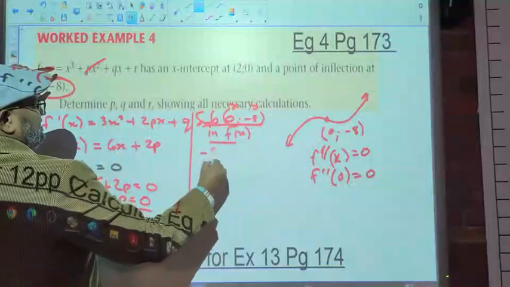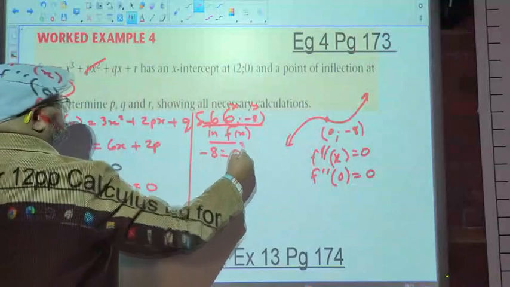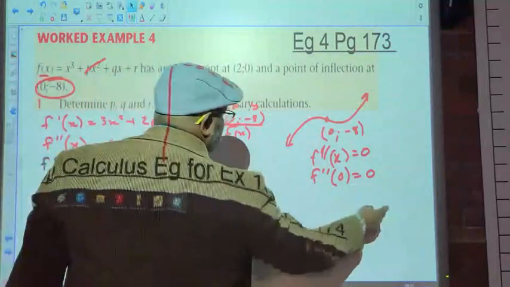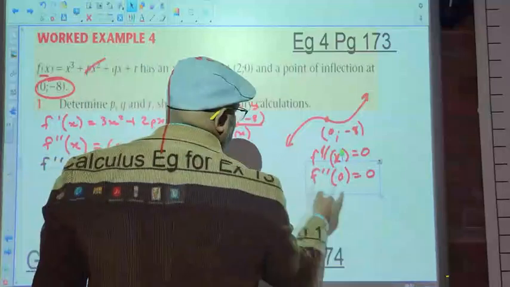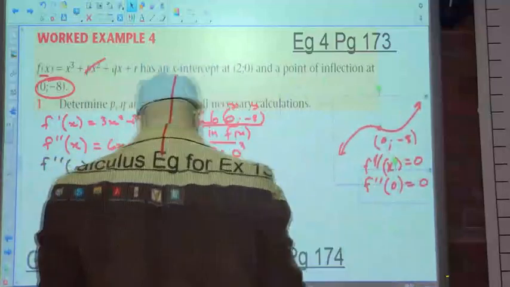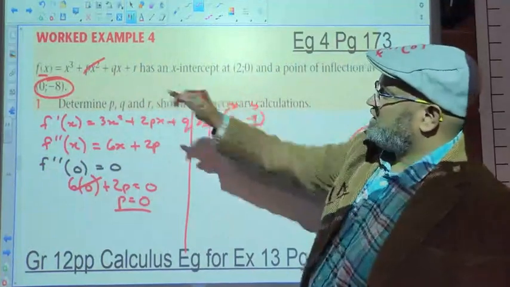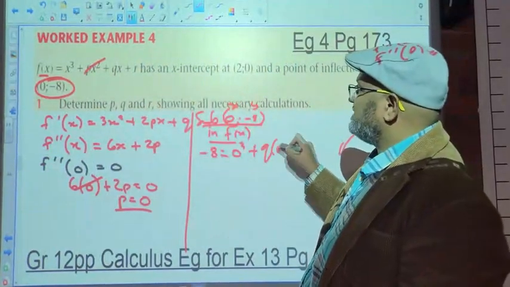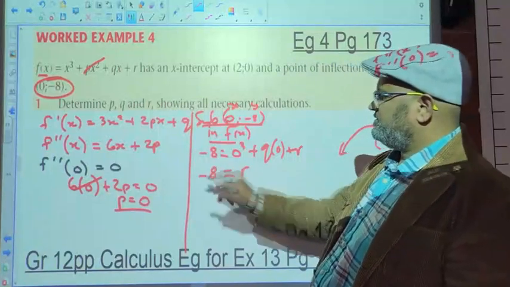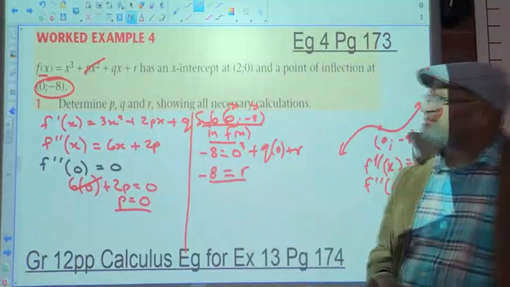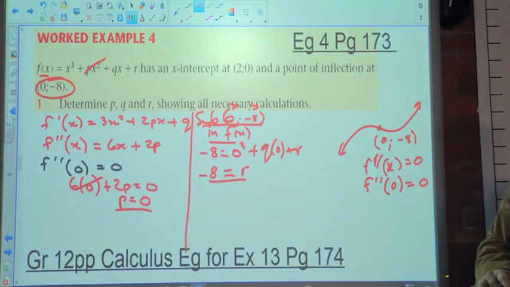So we've got negative 8 is equal to 0 cubed plus, remember p is gone now, so it's q times 0 plus r. So what's my r value? Negative 8. So the r is also sorted now.